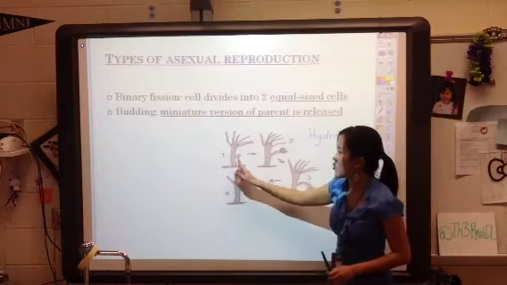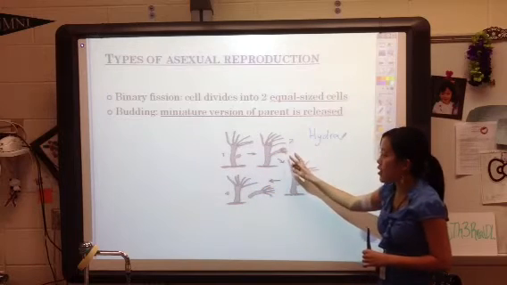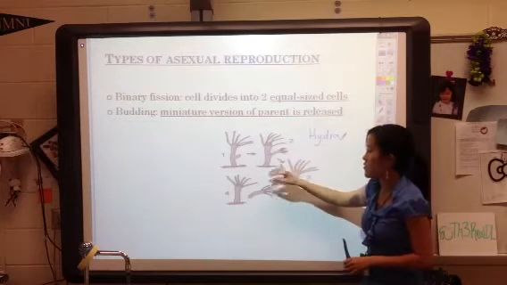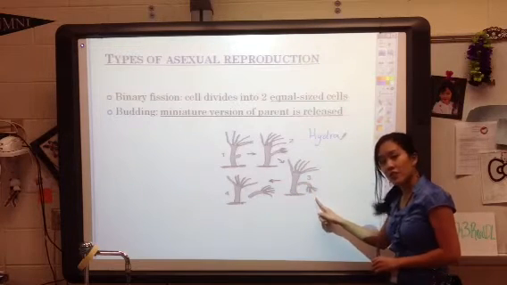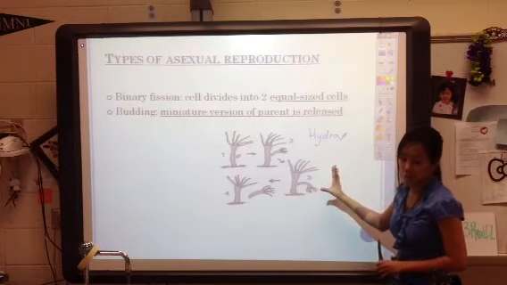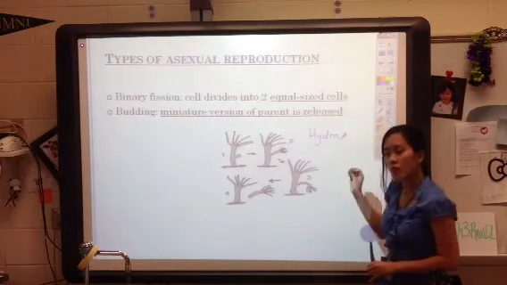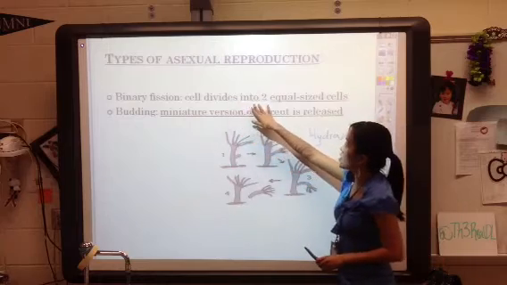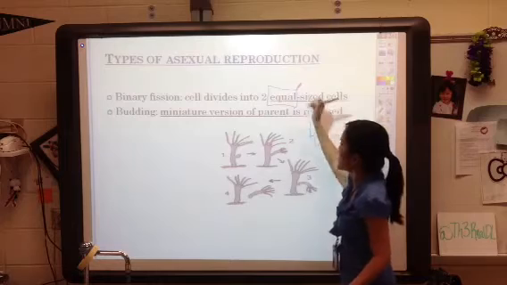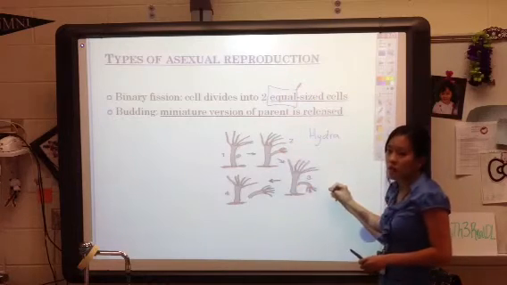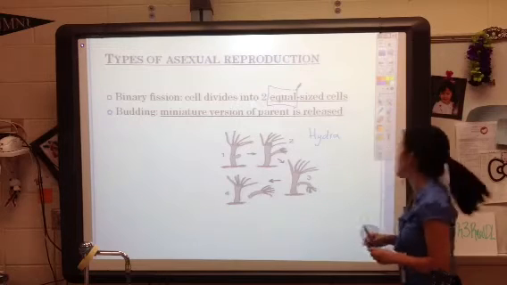It will start to grow like a little bud, and the bud will grow and grow and grow, and eventually when it's finished forming, it'll separate, and this will land in the ground and also grow some more. So in budding, you have to think of it as pinching off a smaller piece. Binary fission, you're dividing equally, okay, and that's really important to remember that this is equal. But here you're making a smaller version that pops off, and after it pops off, that will grow and continue to develop.